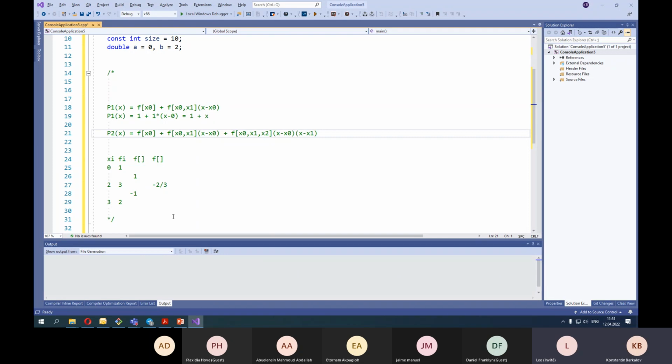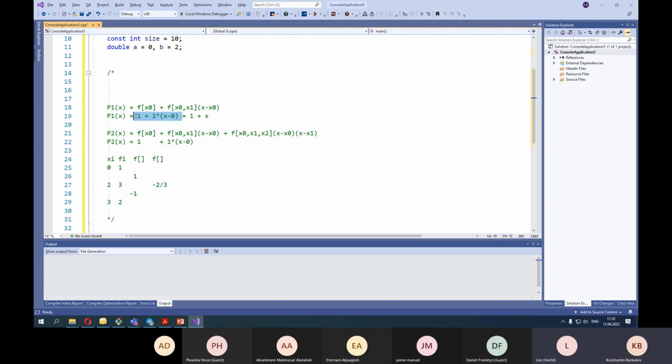Now let's apply this general formula for our case. P2 of x equals f of x0, 1, plus the first divided difference at a point 0, 1, times x minus x0. x0 is 0.